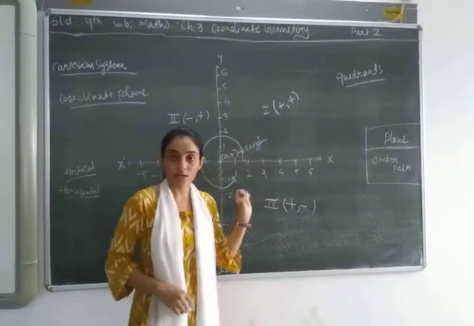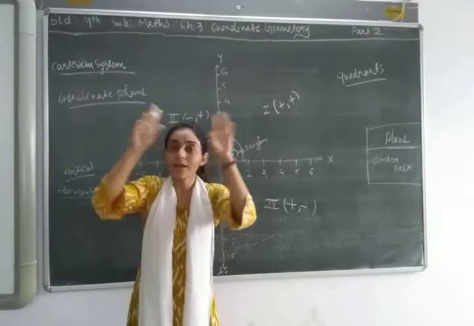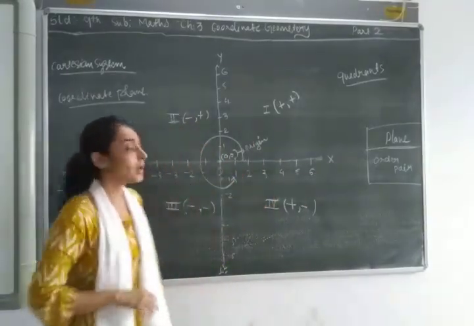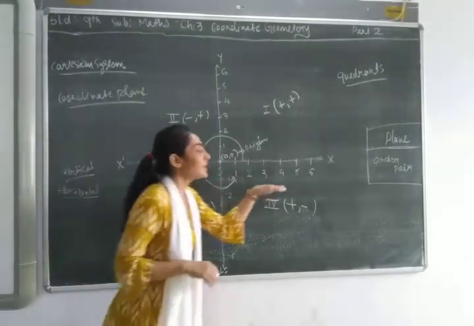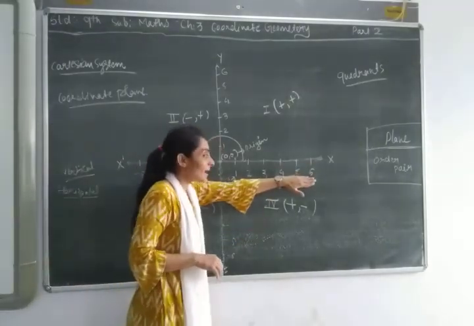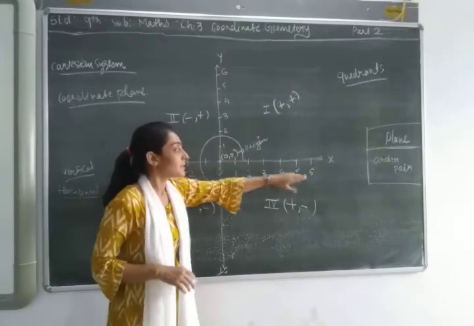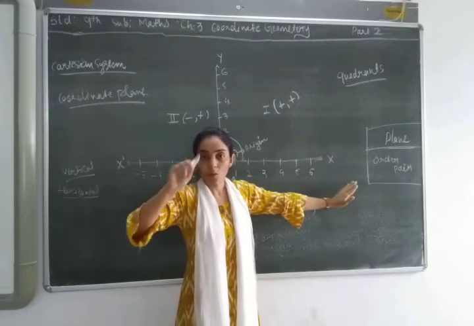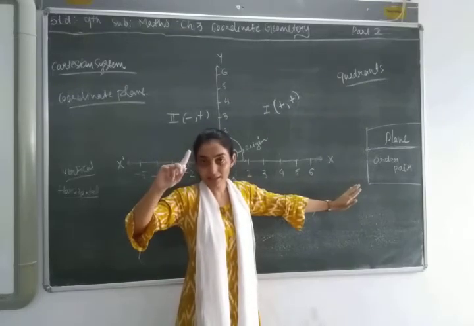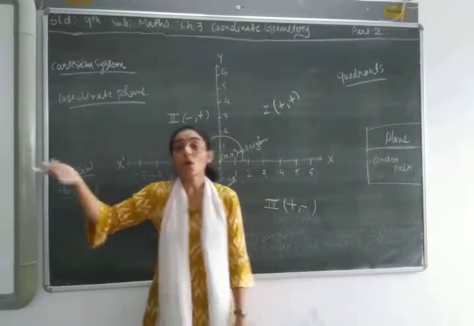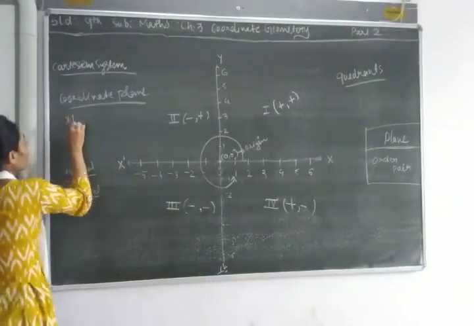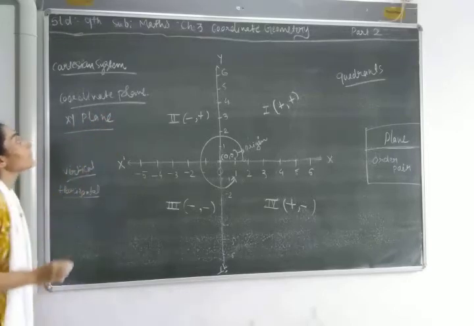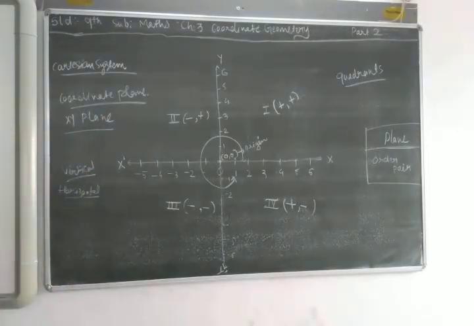Axis and quadrant form the whole coordinate plane. Okay, now all these things are in my x and y. It means, see, there are no other coordinates there, only x-axis and y-axis, two axes only. It means we also call it an xy plane. Okay, xy plane.